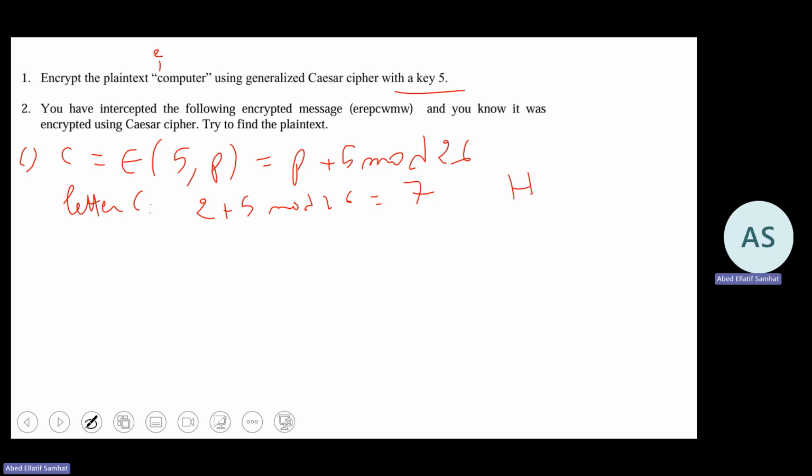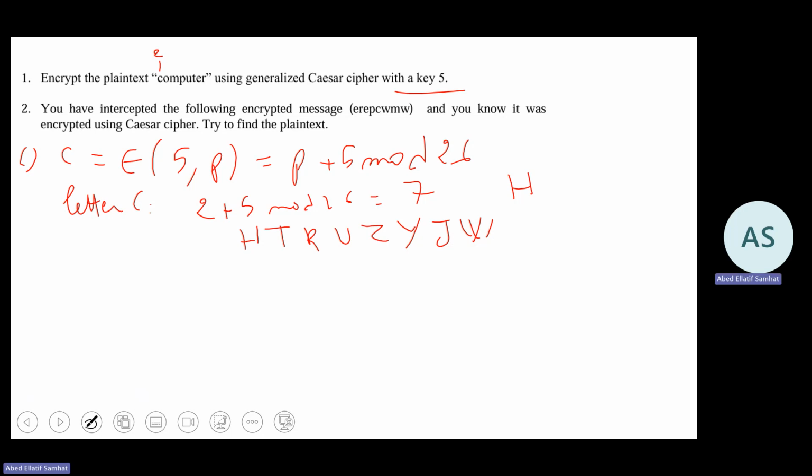So you should apply in a similar way for O, for M, for P, for U, for T, for E, for R, and so on. And the result will be H, T, R, U, Z, Y, G, W. Okay, this is the result of exercise 1.